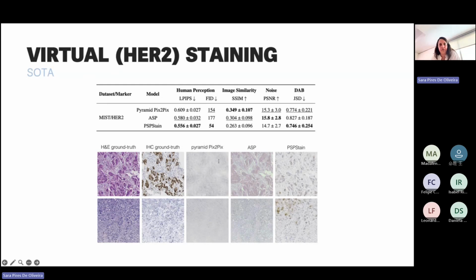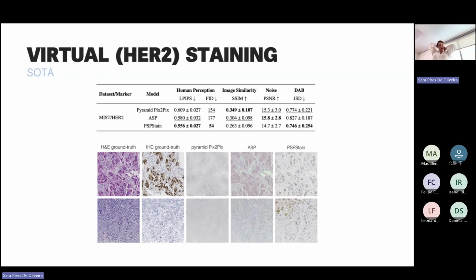And in contrast, we have the PSPStain that has a better JST, so the distance at the dot, and it really aligns with the images. So it seems that it has a better biomarker representation, but then it scores lower on traditional pixel level metrics.